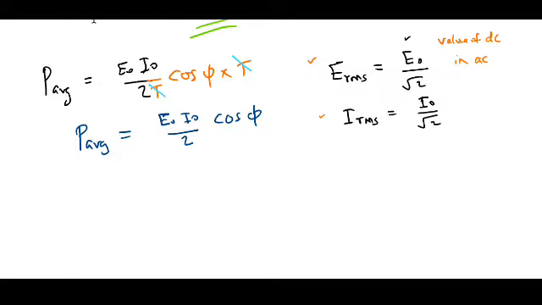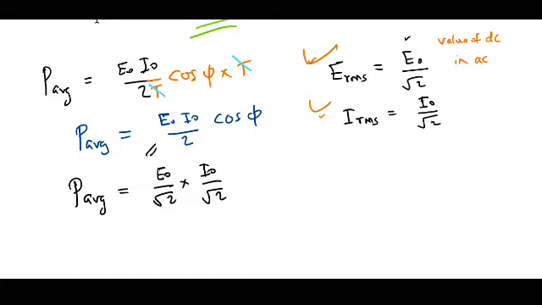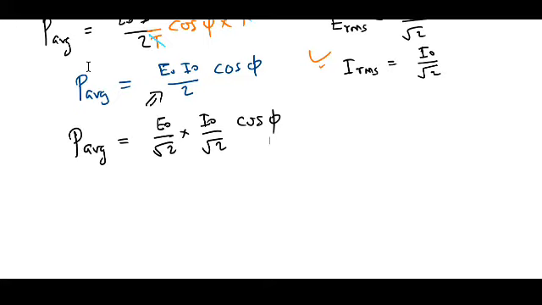If you write our equation according to these two equations, P average can be written as E0 by root 2 into I0 by root 2, I write this equation in this fashion, and cos phi. This E0 by root 2 and I0 by root 2 is nothing but the RMS values.